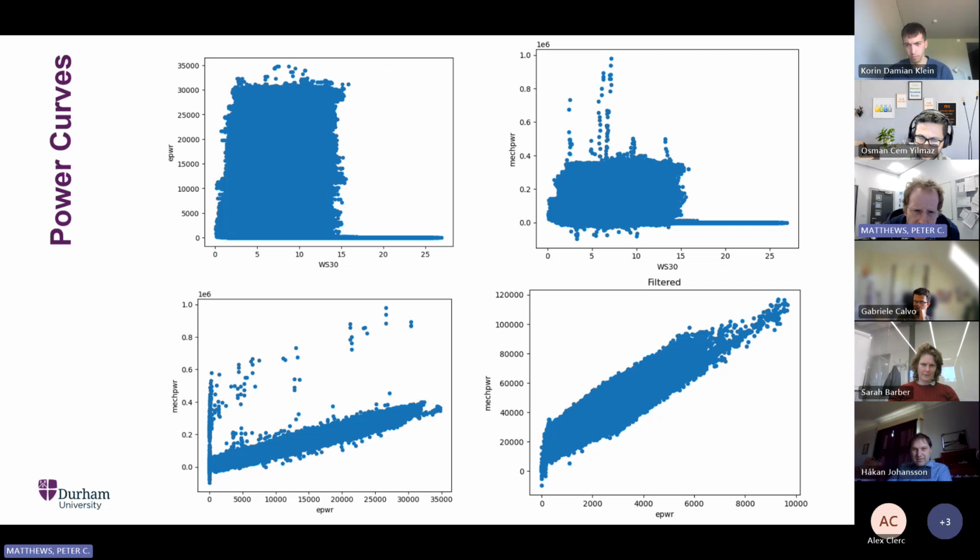And you can see it's not a complete X equals Y. But I don't know how that would look after. Did you do any filtering or smoothing? No, I didn't.